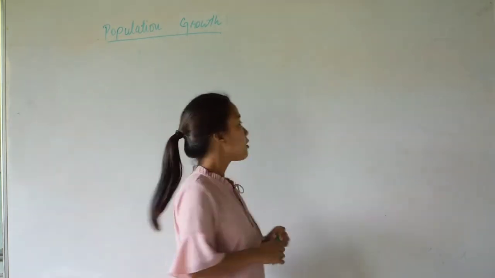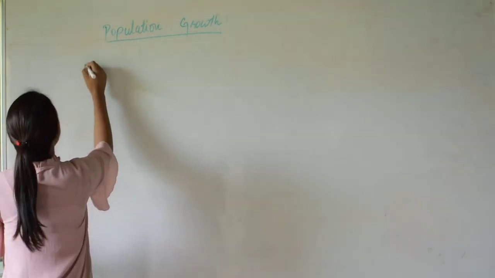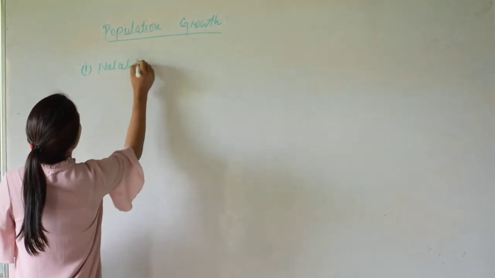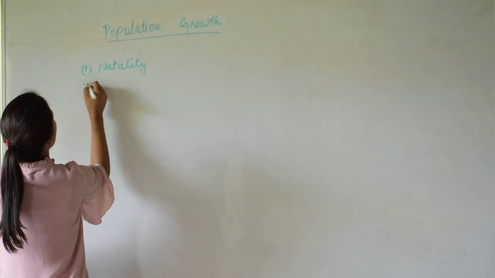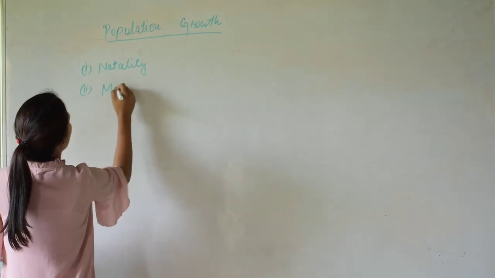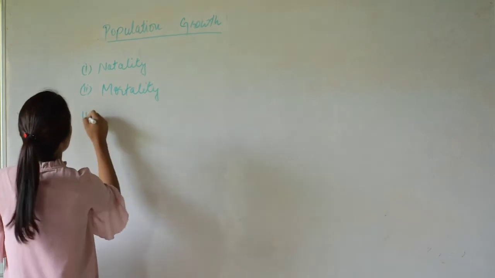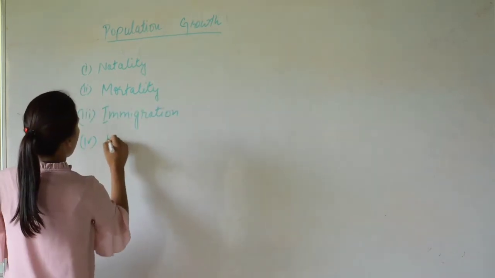Number one, natality, and two is mortality, three, immigration, and the fourth one is emigration.